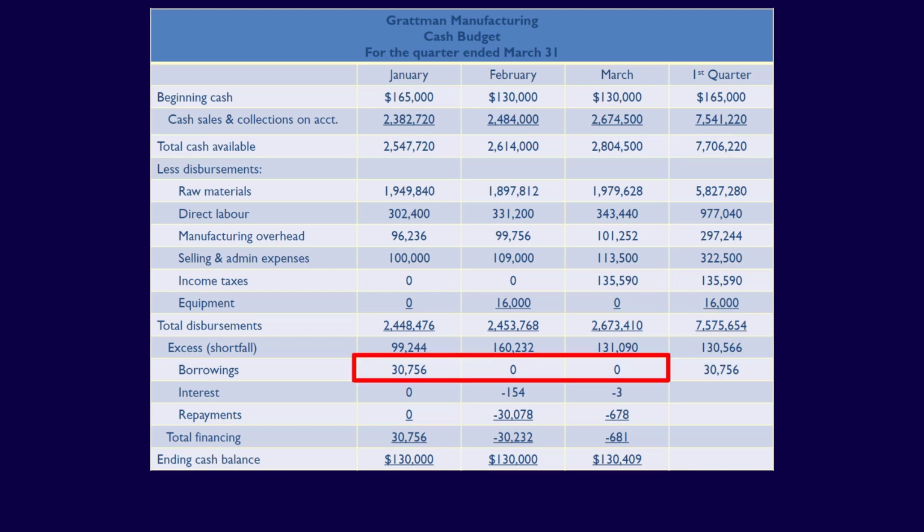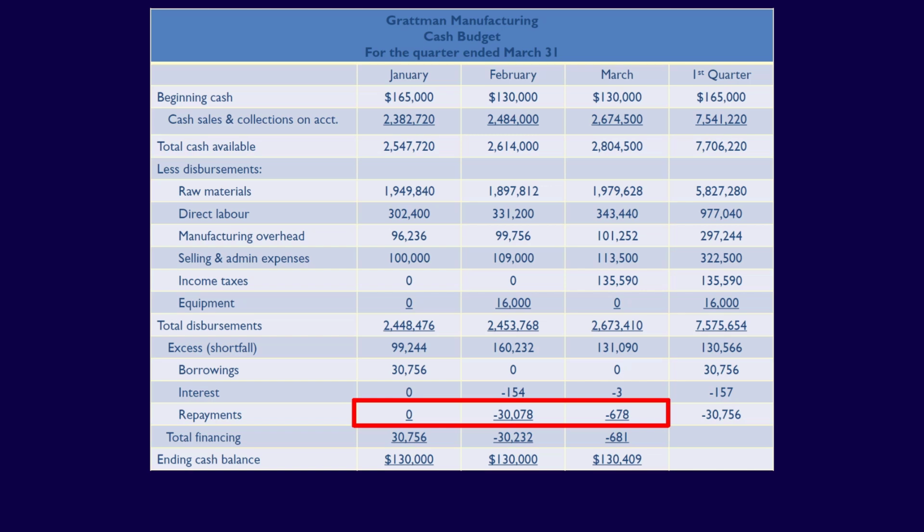We now have to determine the borrowings for the first quarter, which is the total of the borrowings for January through March. $30,756 plus 0 is equal to $30,756. Calculating the interest for the first quarter, 0 plus negative $154 plus negative $3 is equal to negative $157. Total for the repayments, 0 plus negative $30,078 plus negative $678 is equal to negative $30,756.